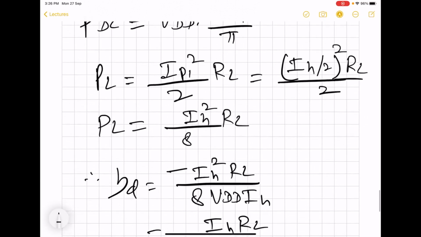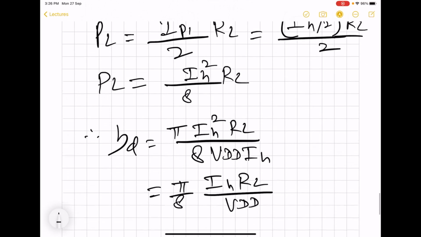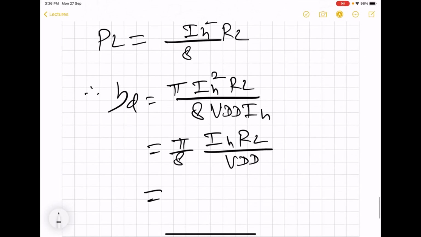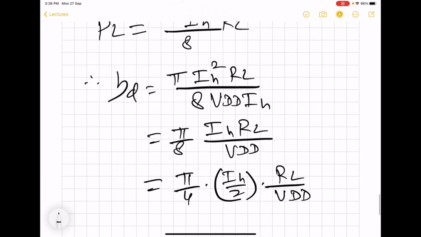There will be a pi term here. So pi by 8 IH RL divided by VDD. And this can be written as pi by 4 times IH by 2 RL over VDD.